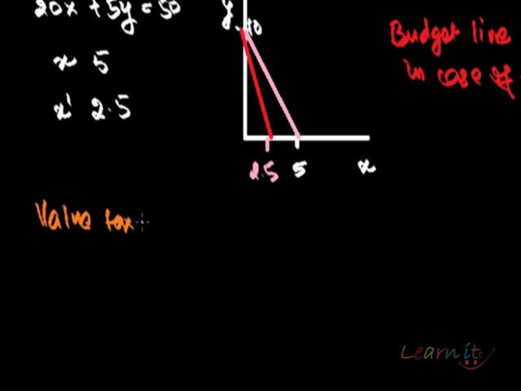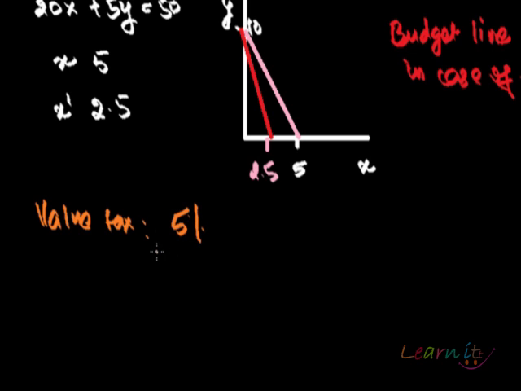The other kind of tax could be an ad valorem tax, or value tax. Now what is a value tax? This implies a tax on the value of a good rather than the quantity purchased. In case the sales tax is say 5%, then a good that is priced at say $5 would be selling at $5.25 because your value tax is 5%.